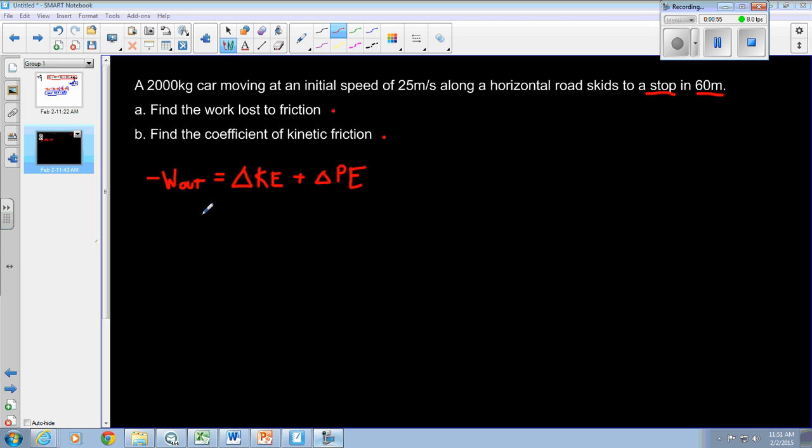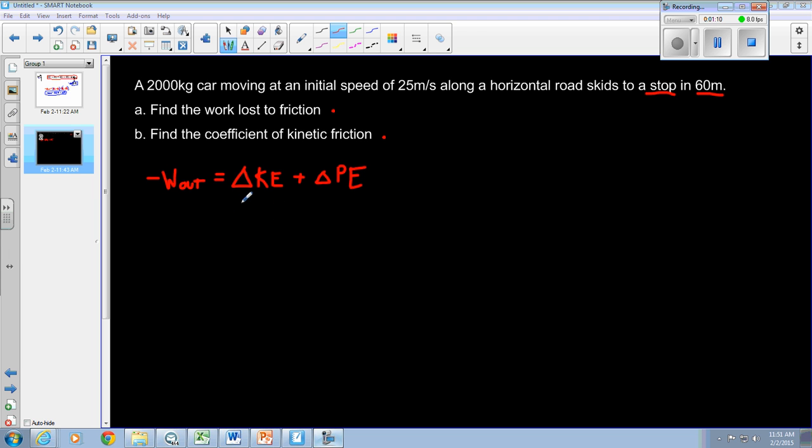So our workout equation: change in kinetic energy plus change in potential energy equals negative workout. Now it's just a matter of plugging in numbers.